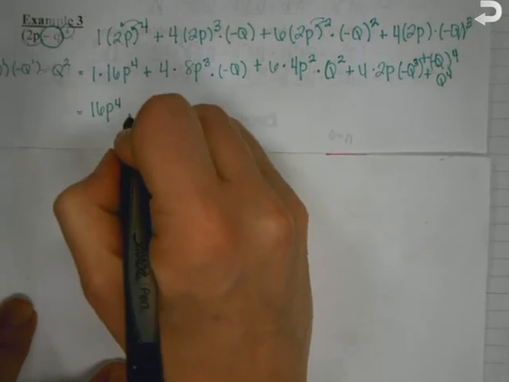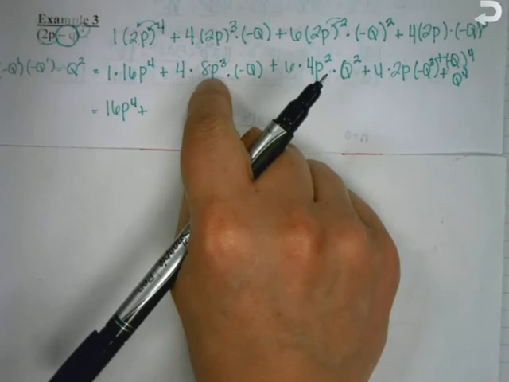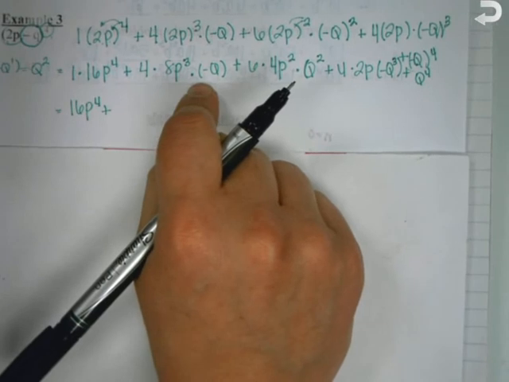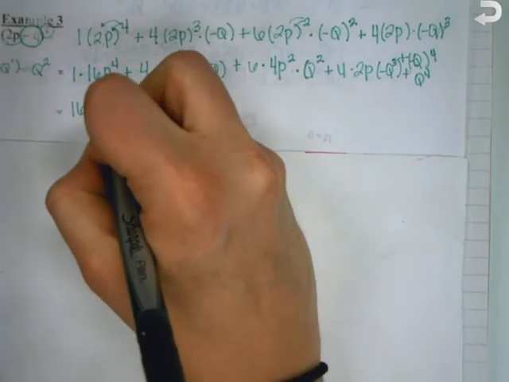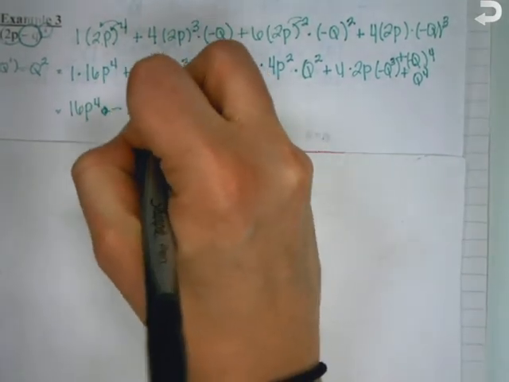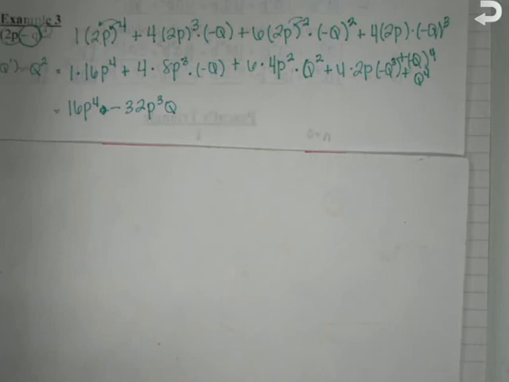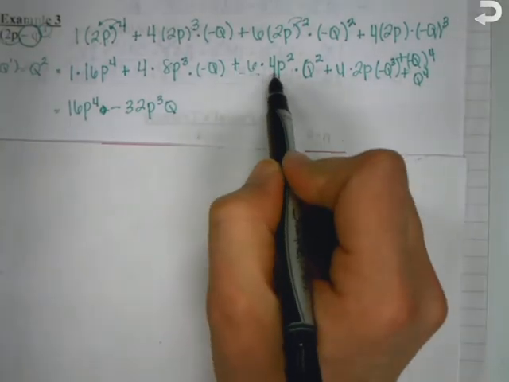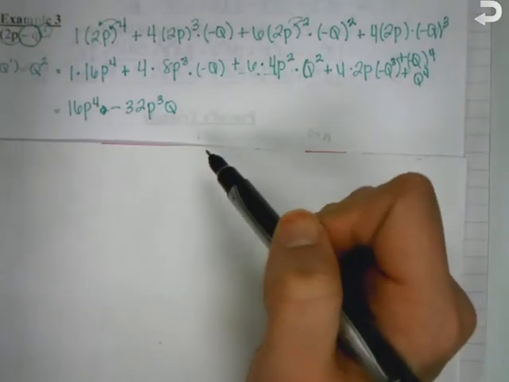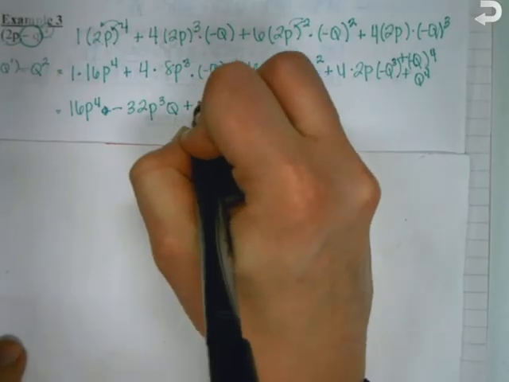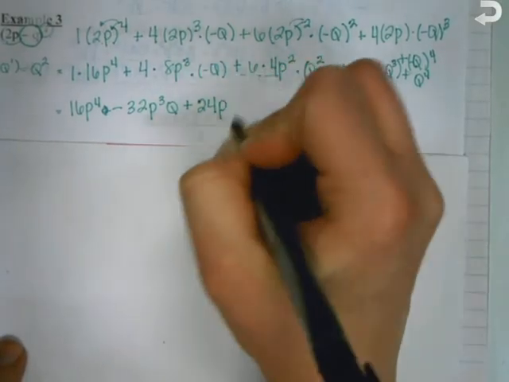Okay, 6 times 4, what does that give me? 24 times a positive q squared, so that's going to be plus 24p squared q squared. 4 times 2? 8 times the negative q? Negative 8pq to the third plus q to the fourth.